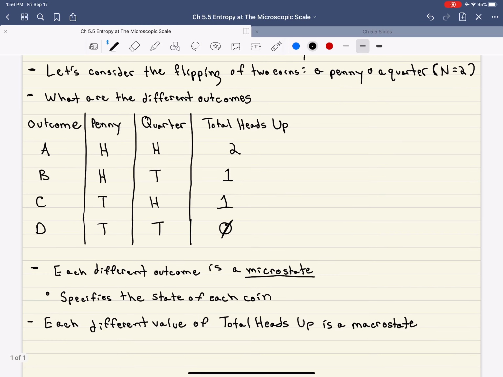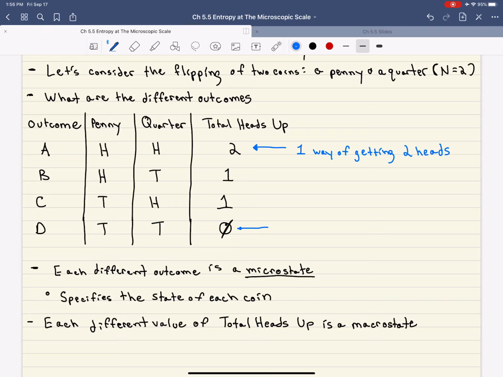And so, if we take a look at our column for heads up, in this column, we see that for this collection of 2 coins, there is only one way of getting 2 heads. Right?